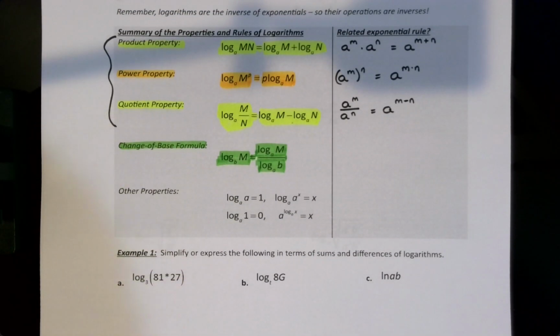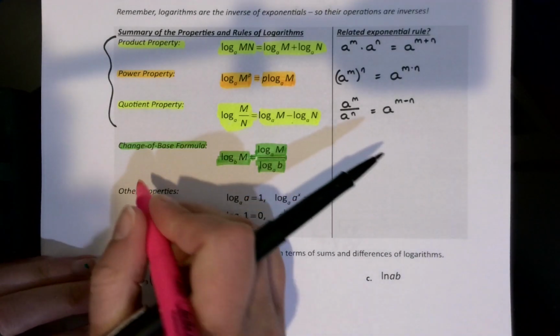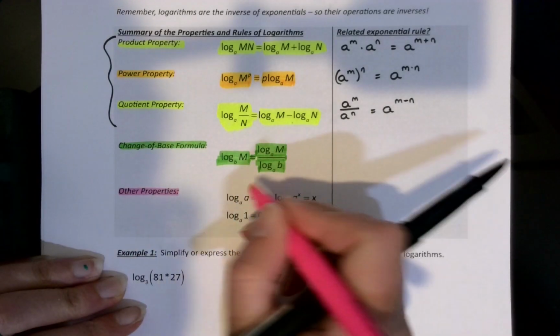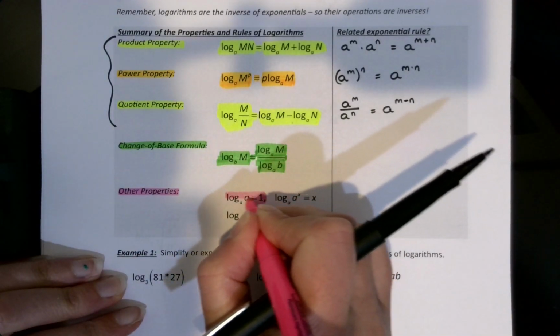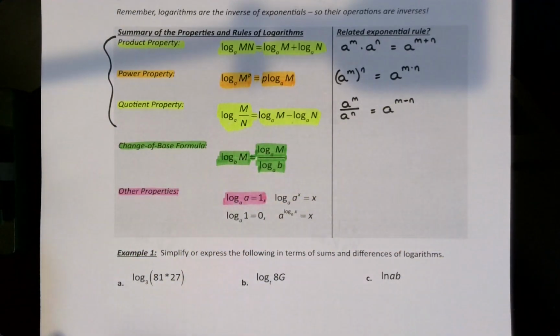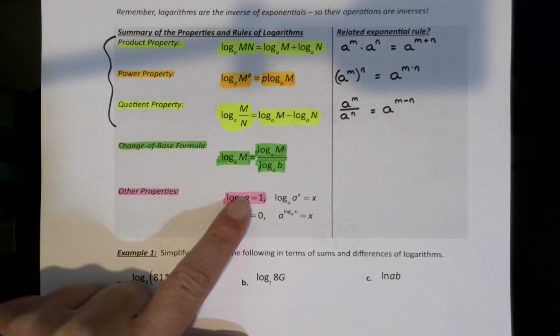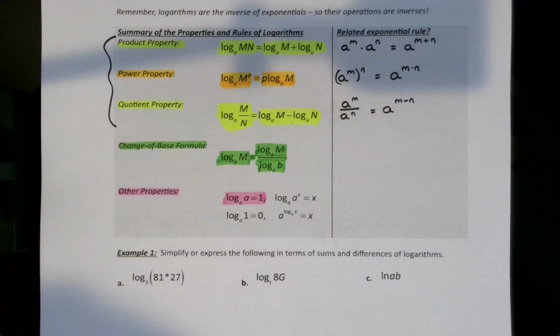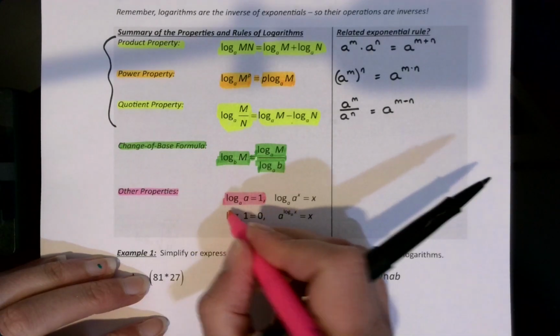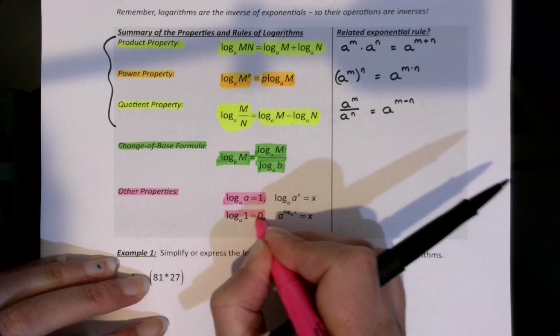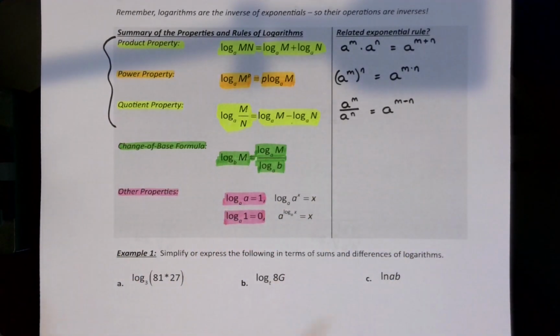And then other properties down here, these are some things we've seen in previous sections as well. We know, for example, that log base a of a is 1. A raised to the first power is a, so the exponent is 1. We've also seen previously that log base a of 1 is 0 for any base a.